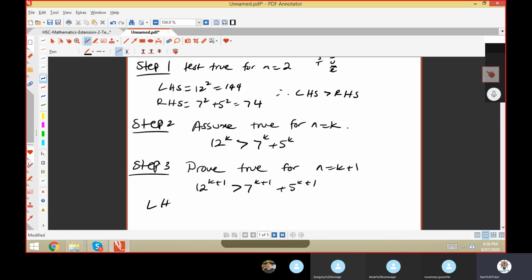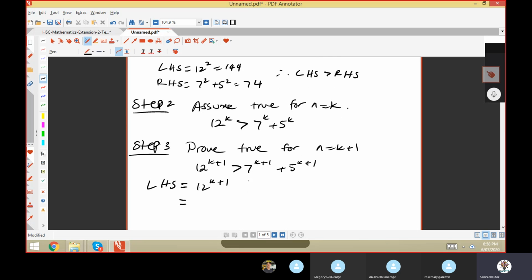We start off with our left-hand side, which is 12 to the k plus 1. Anyone know what my next line would be? Don't forget, I need to bring in my assumption. Azra, you might know it, because you just worked on this. Would it be 12 to the k times 12? Yeah, exactly right.